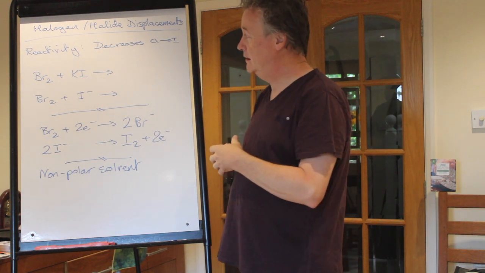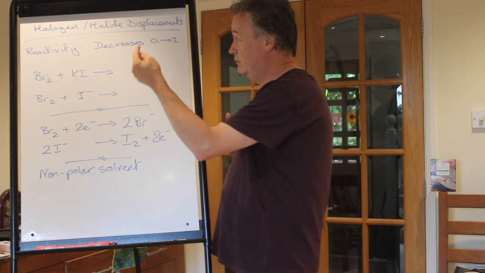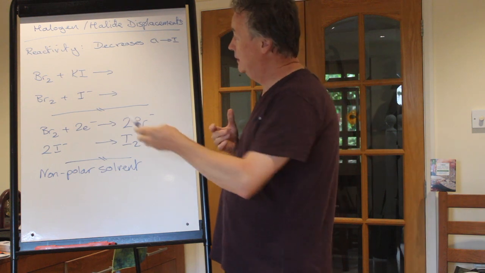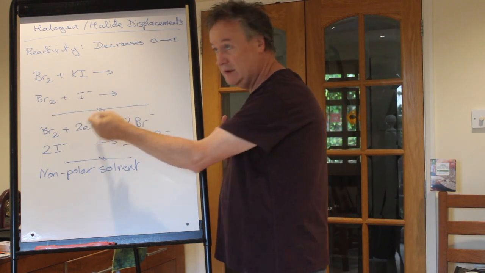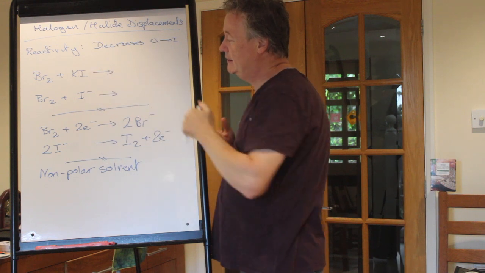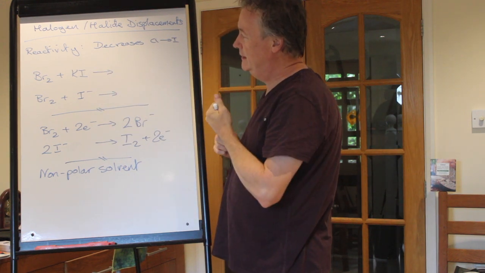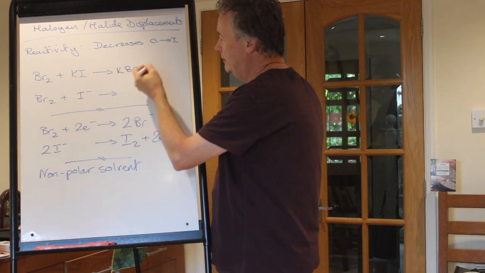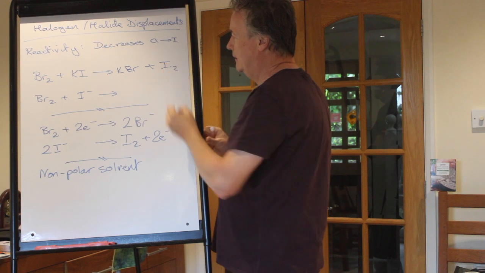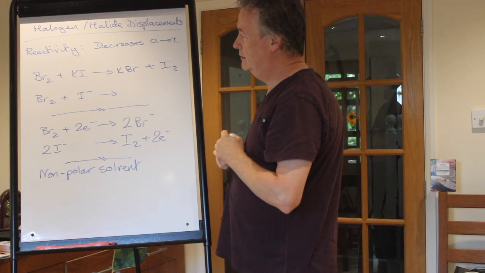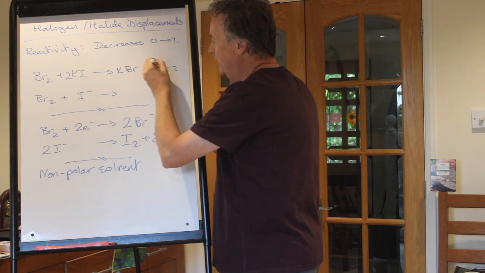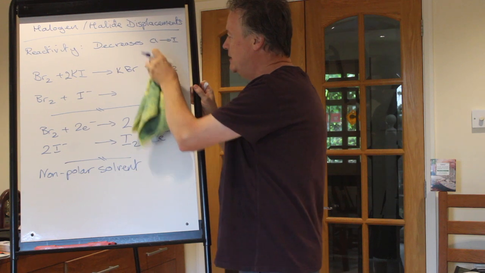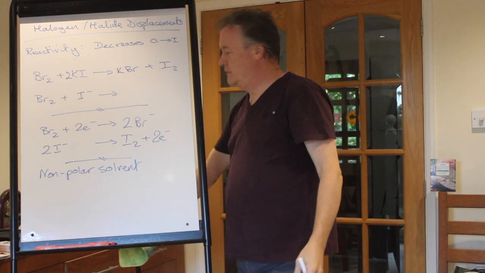You put the two together and there will be a change, because bromine is more reactive than the iodine, or in fact it's to do with these half equations, we'll come to that in a minute, and therefore what happens is you get that happen.